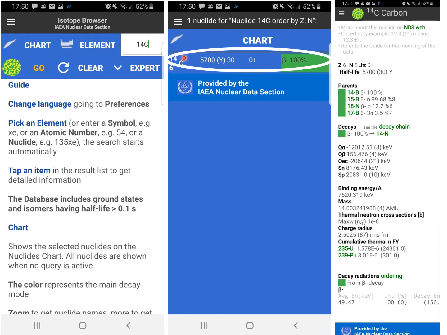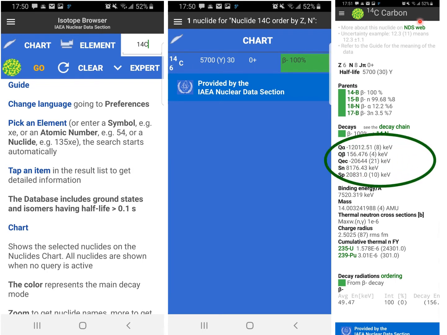Here would be the information: carbon-14, the half-life, the spin and parity, and the decay mode, followed by the percentage or any sort of branching ratios. You would select this, and it would bring you to the next page, with information on carbon-14: the references, the number of protons and neutrons, spin and parity, the half-life, the parents, the decays, and it gives you these Q values.